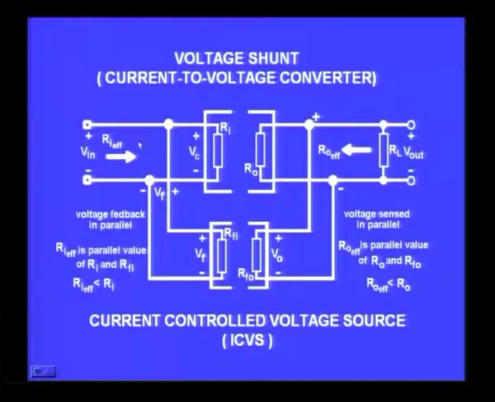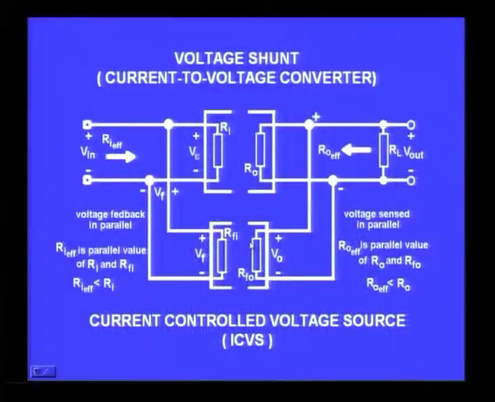So the input is going to be a current, the output resistance is decreased, therefore the output is still a voltage source, and therefore it is a current controlled voltage source. That is what we get when I give a feedback of this nature, and this is also called, incidentally, a current to voltage converter. You would find we can get a very nice current to voltage converter by making this type of feedback configuration using our op amp at a later stage.